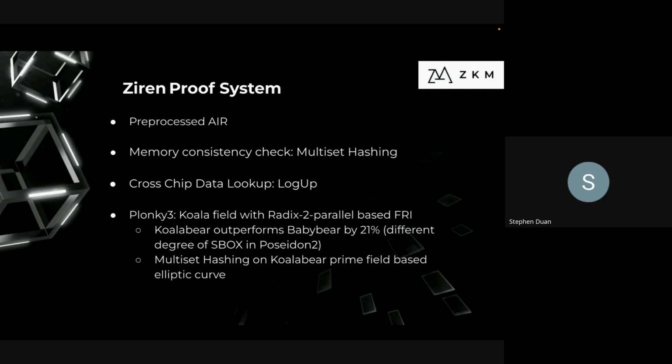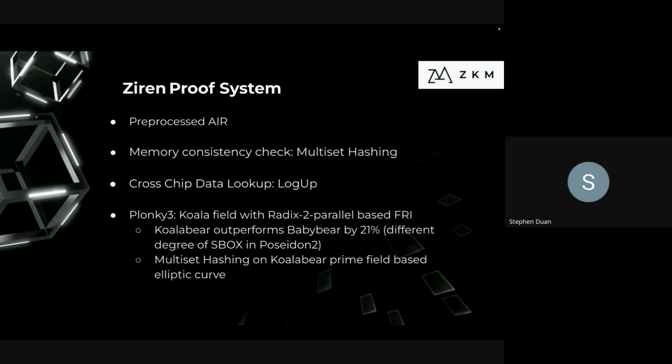And we are using Plonky3 with the KoalaBear field. KoalaBear is about 21% more efficient than BabyBear, because the degree of the S-box in Poseidon2 is smaller.